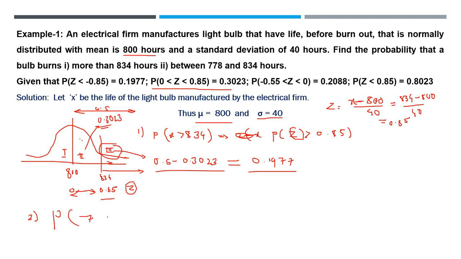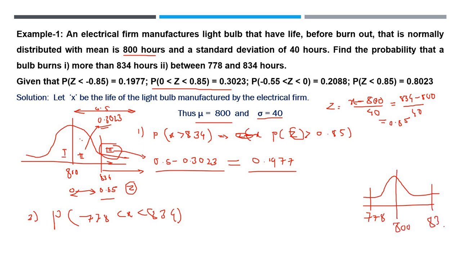Now let us take the second case. Here we have to find the probability between 778 less than x less than 834. For this we will draw the normal distribution. This is 778, this is 800, and this is 834.